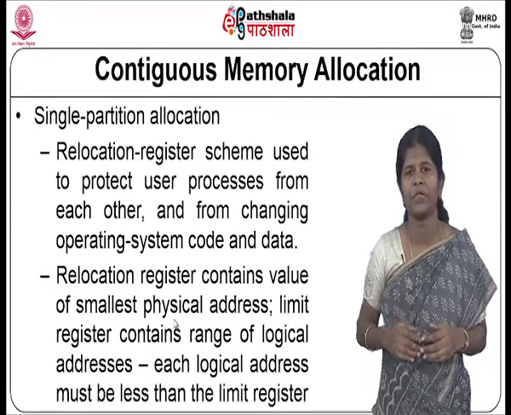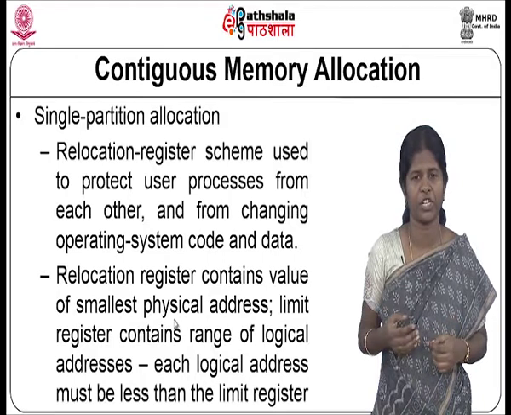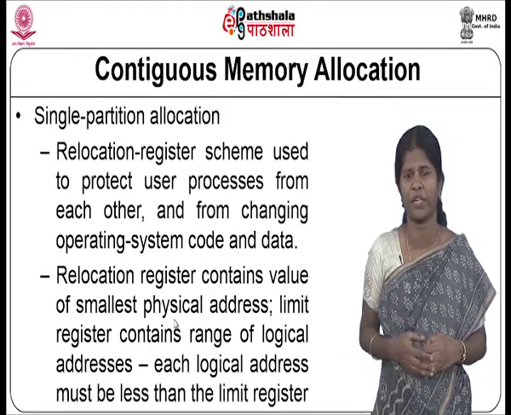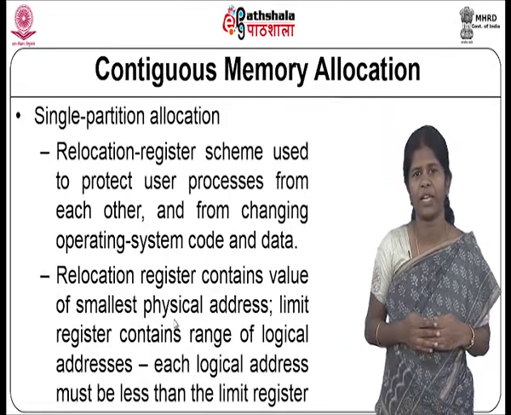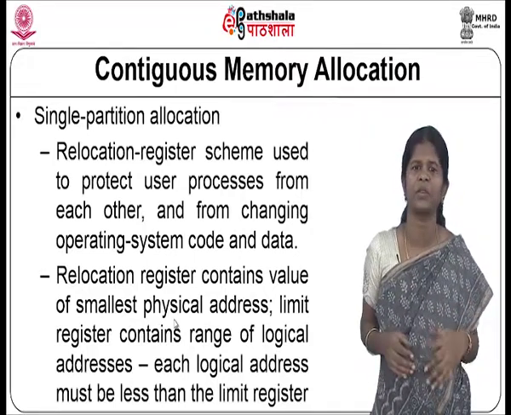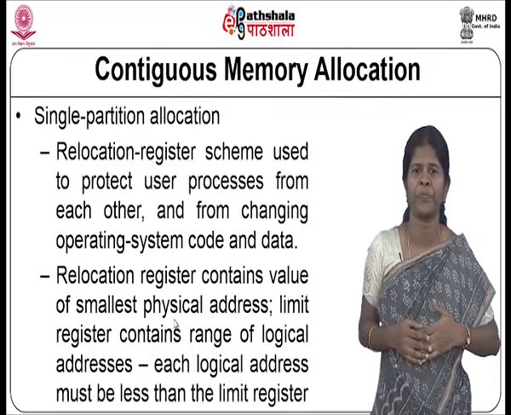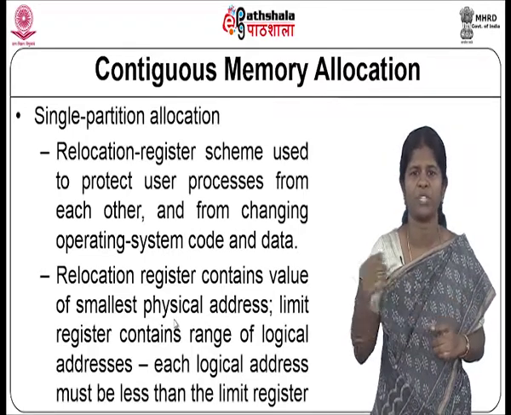Even in contiguous memory allocation, you can have single partition allocation or multiple partition allocation. In single partition allocation, the whole memory is looked at as a single big partition, and you use a basic scheme like the relocation register scheme, where you protect one user process from the other.